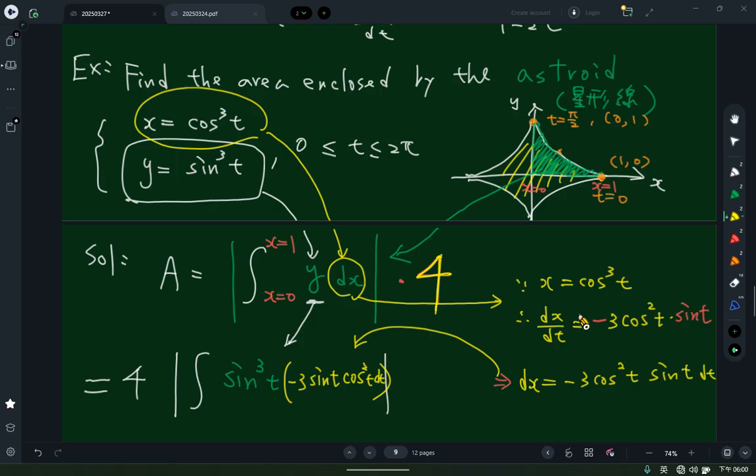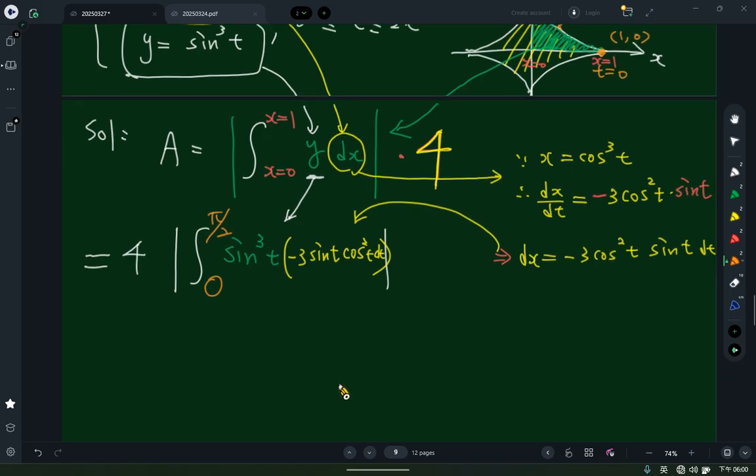So we need to convert x from 0 to 1 to the t basis. So t here will be from 0 to 1/2 pi. So all expressions will be based on t. Okay?